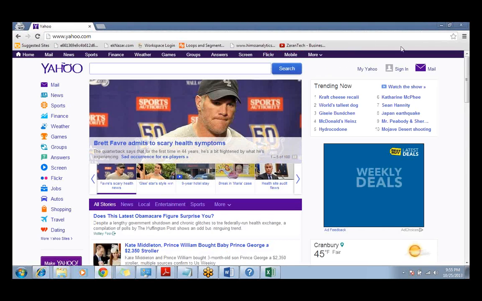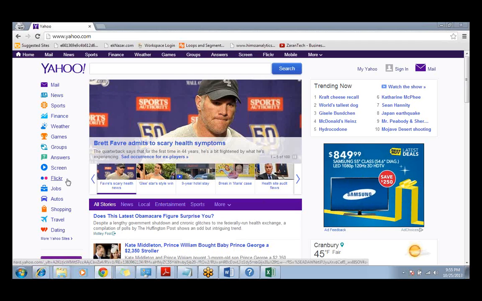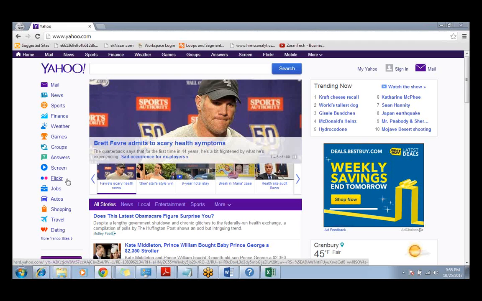If you guys would have noticed, Yahoo is not always like this. They keep changing, they keep adding something one way or other. Let's take an example. This Flickr was altogether a different application. It was never part of Yahoo. It was a separate application, running very well. People used to share their pictures and everything like that.